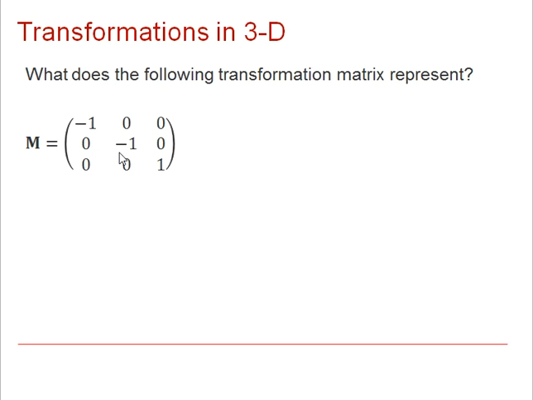You may want to pause here to consider what the 2D transformation matrix of -1, 0, 0, -1 represented. For those of you who haven't got your notes in front of you, I'll remind you that this was a rotation of 180 degrees about the origin.